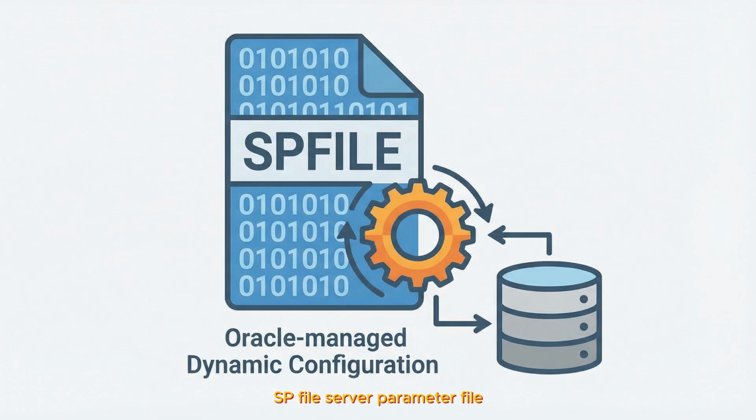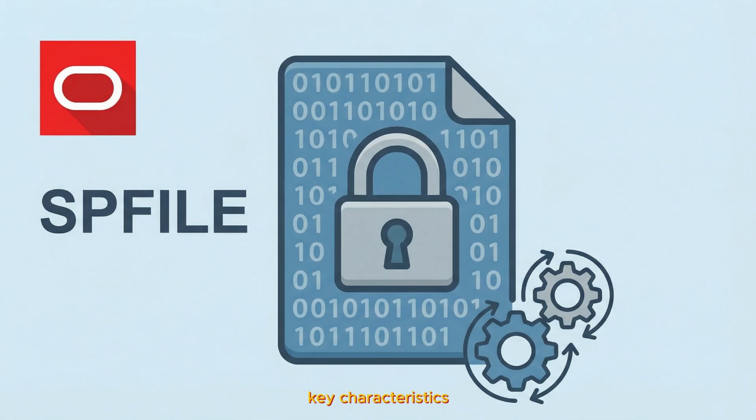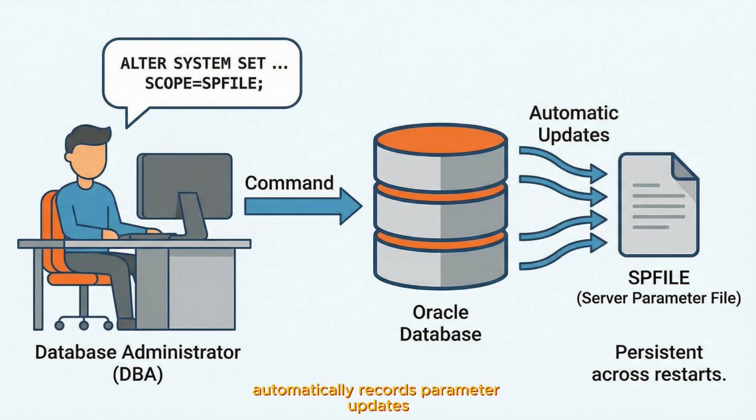SPFILE, server parameter file. The SPFILE is the modern and recommended parameter file. Key characteristics. It is a binary file. Fully managed by Oracle. Supports dynamic parameter changes. Automatically records parameter updates. Required for advanced features.